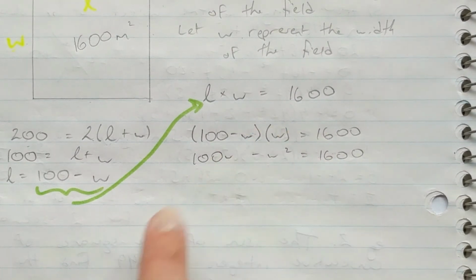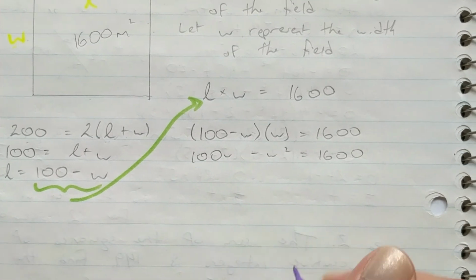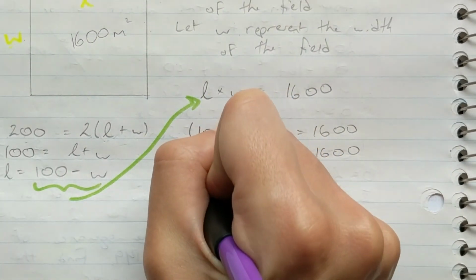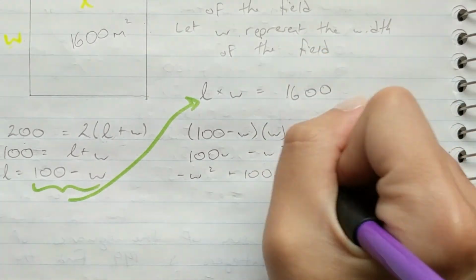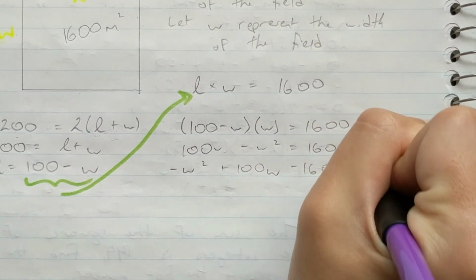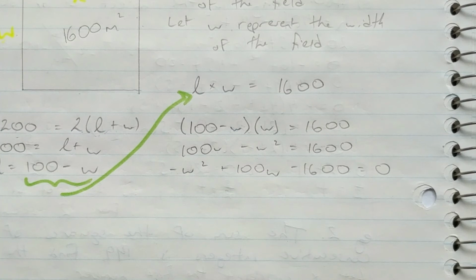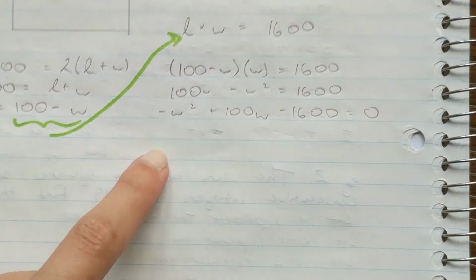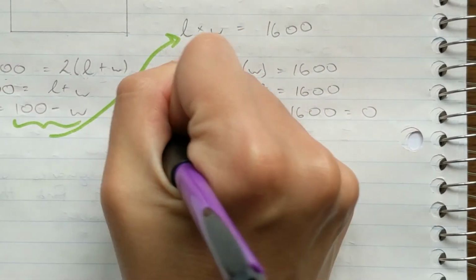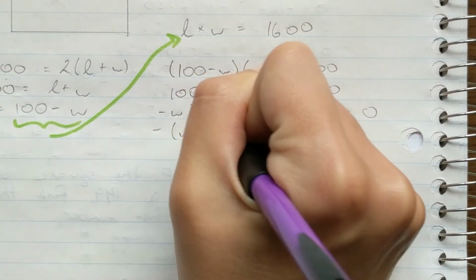Let's move our 1600 over and do some rearranging here. So I'm going to have negative W squared plus 100W minus 1600 is equal to 0. I'm going to factor out a -1 just so that my A is a positive value. It's a little bit easier to work with.